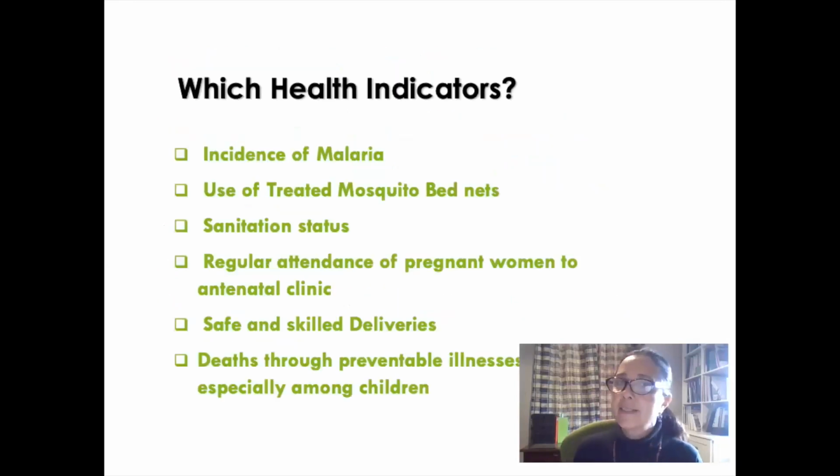So which indicators did CDS decide to choose? Well, in this case, they focused on the incidence of malaria, the use of treated ITNs, the sanitation status in communities, regular attendance of pregnant women at antenatal care, safe and skilled deliveries, and deaths through preventable illnesses amongst children.